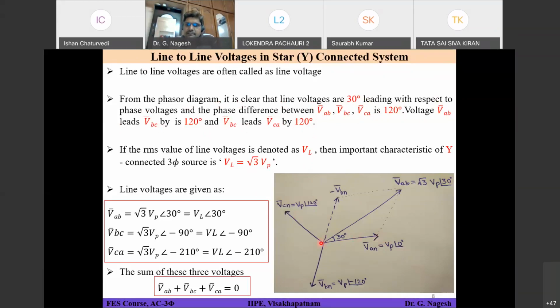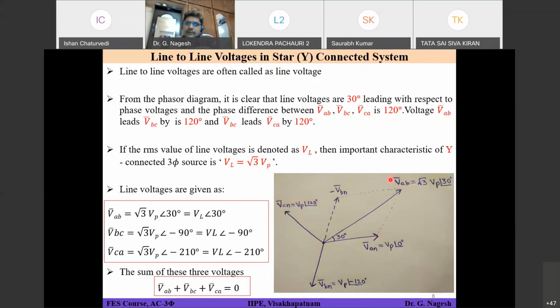We have already seen VAN, VP at an angle of 0 degrees, VBN and VCN. If I want to calculate VAB, how to do that? VAB is equal to VAN minus VBN. This is your VBN; you take it in the opposite direction, so you place a minus here. So minus VBN added to this VAN will give you your line voltage VAB.